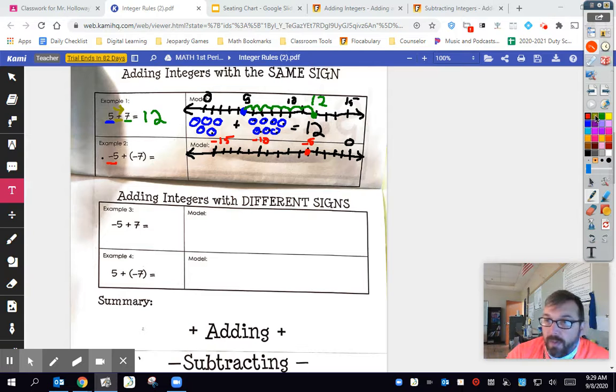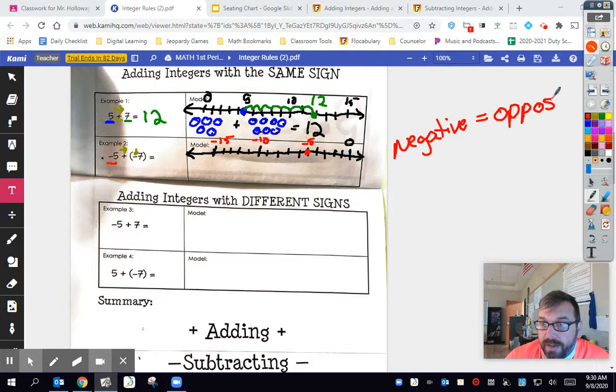Now, with addition, I always want to go to the right. However, this negative symbol right here also has a different meaning. Negative in mathematics is the same thing as saying opposite. So it's like opposite day at school.